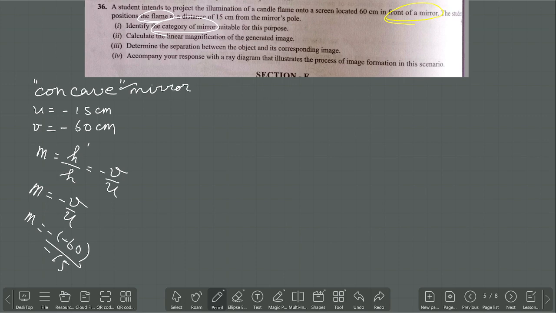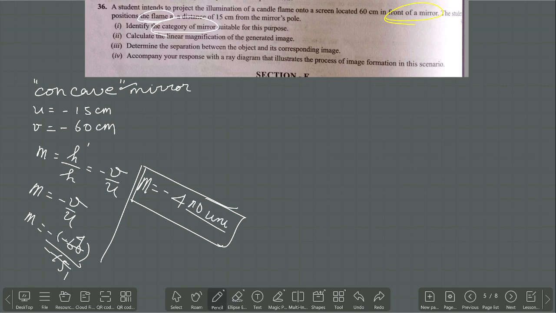Minus into minus is plus, plus by minus is going to be minus. So M is equal to minus 60 by 15, that is minus 4. Here what unit do I need to write? No unit. Magnification does not have any unit.